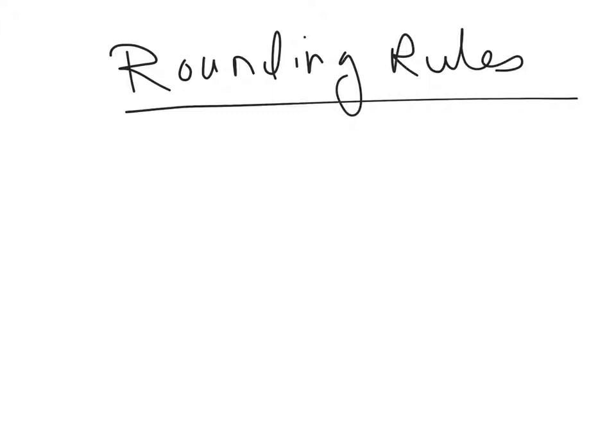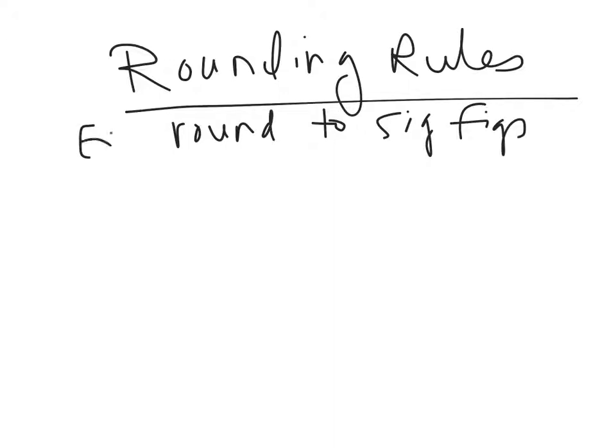So let's just take a look, and in this example, we're going to round everything, just so we can look at the rules, to 2 significant figures. So that's what we're going to do in our examples here. So our first number we'll look at is 4.63. So if we're rounding to 2 sig figs, we're going to be rounding here to the 10th place, and we're going to be using this digit to make our determination.